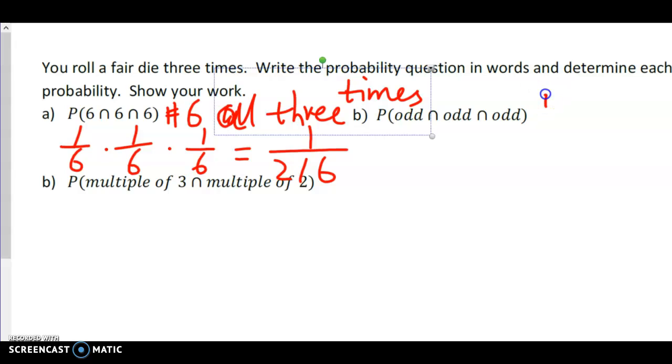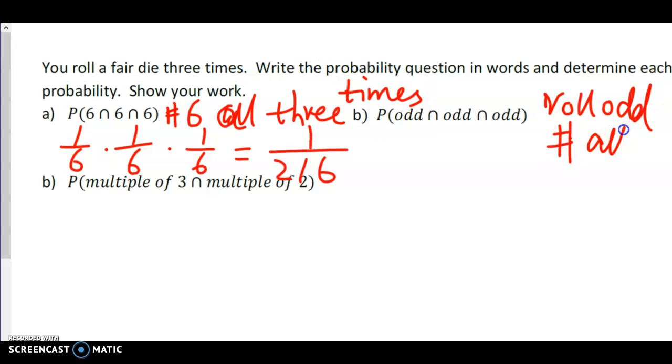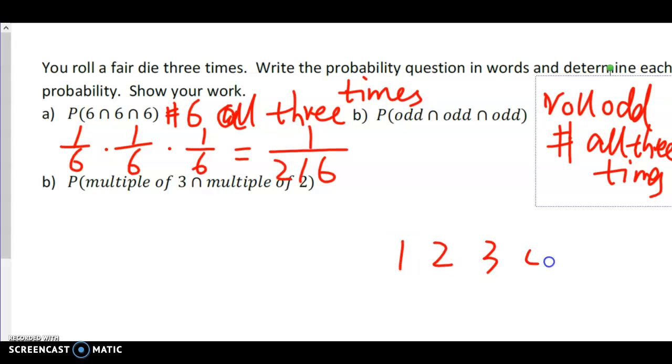I will roll an odd number, all 3 times. For the die, as we know, 1, 2, 3, 4, 5, 6.